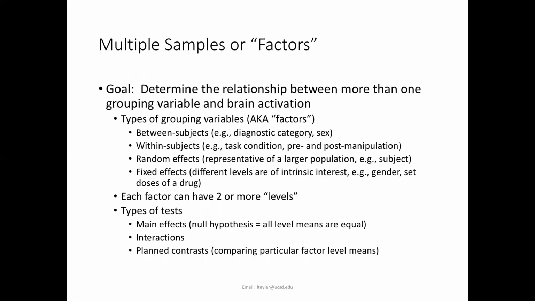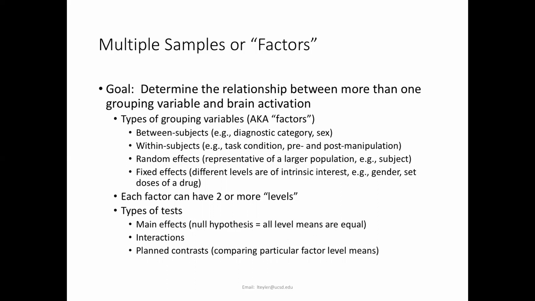So what if you have more than two groups, or more than two samples, or more than two factors of any sort, like different conditions or difficulty levels or things like that? Then you still may be interested in lots of different things. You might be interested in between-subject differences, so there might be 3 different diagnostic categories, maybe bipolar disorder, major depression, and healthy control.